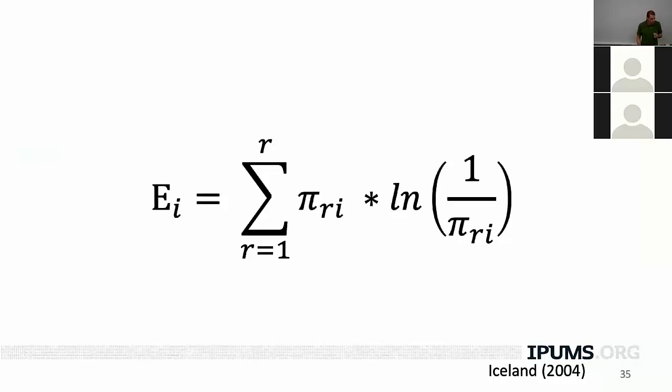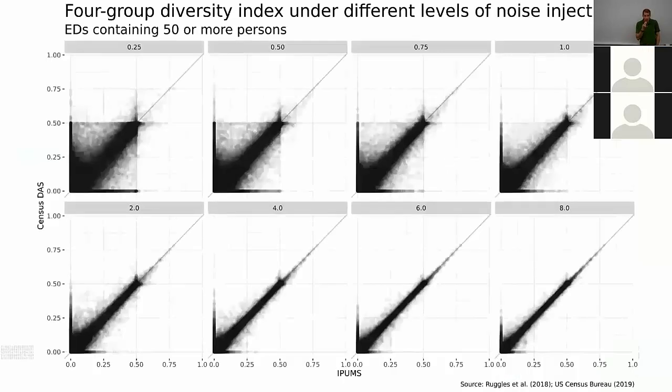I computed the proportion of each of those within an enumeration district, multiplied it by the log of 1 over that proportion, and then I summed those and divided by the log of 4 to give us a basic diversity index for each ED in the country, following Iceland's census paper.